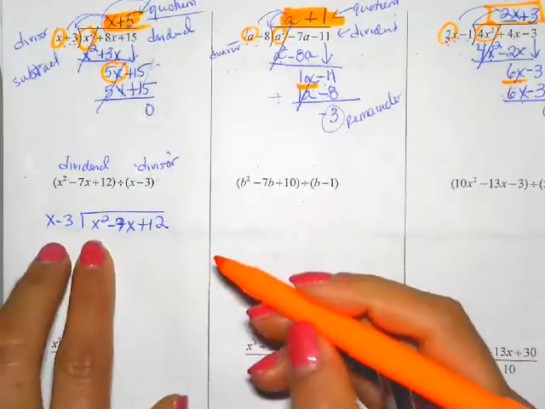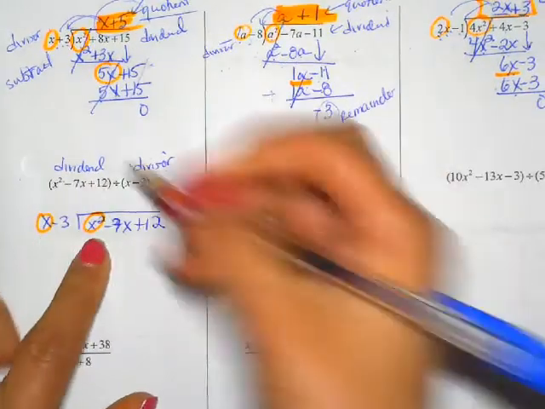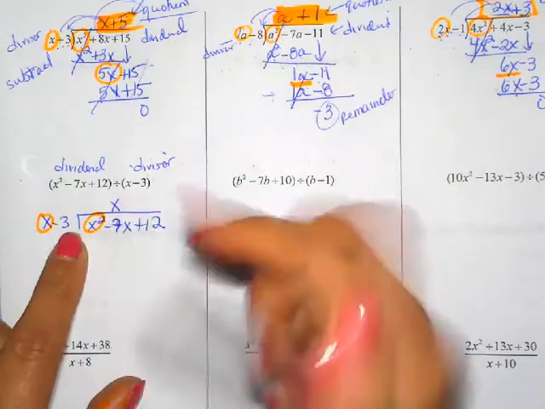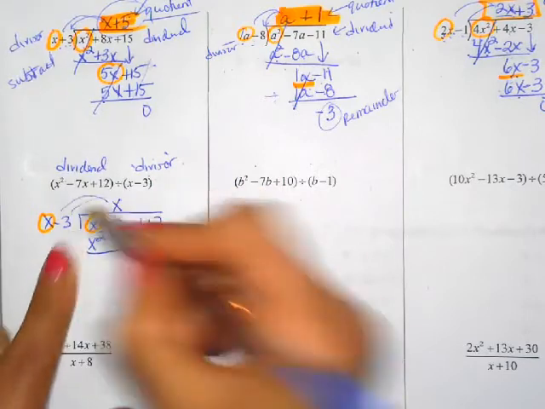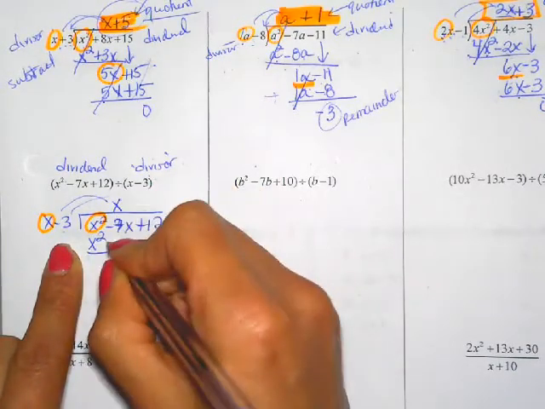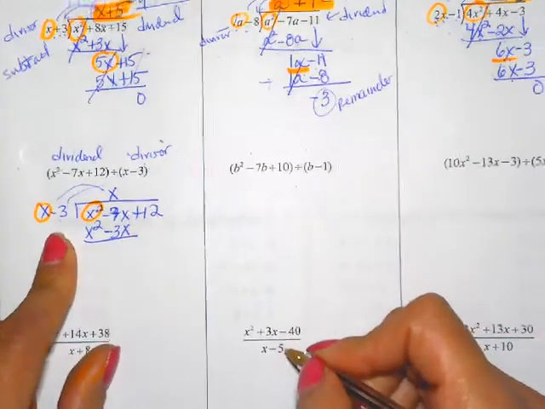If there is no coefficient, that should be easy, because it's always going to be just the variable again. X times x will give me x squared. And then there's two terms, so make sure you also multiply the x times the second term. X times negative 3, negative 3x.